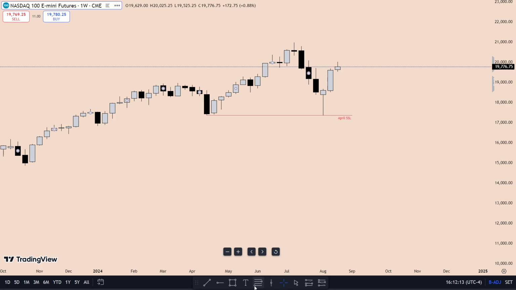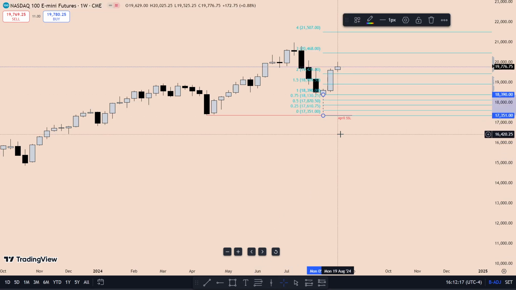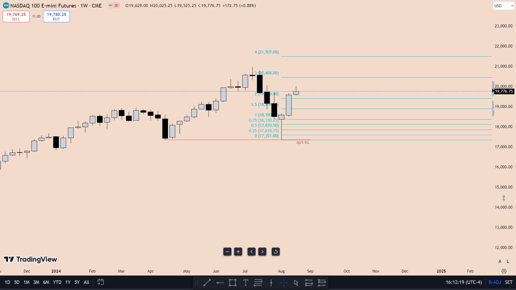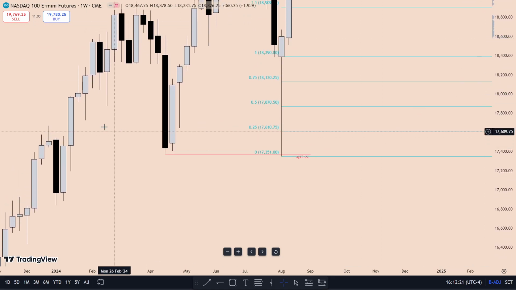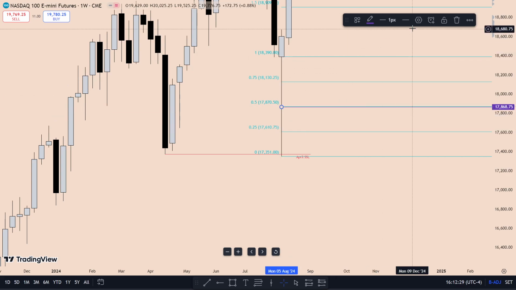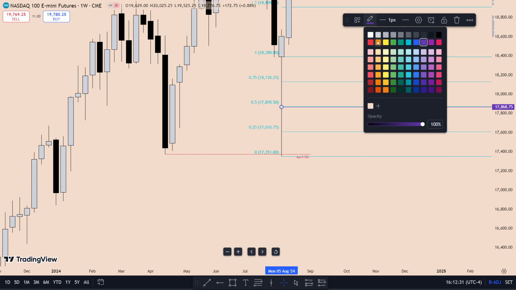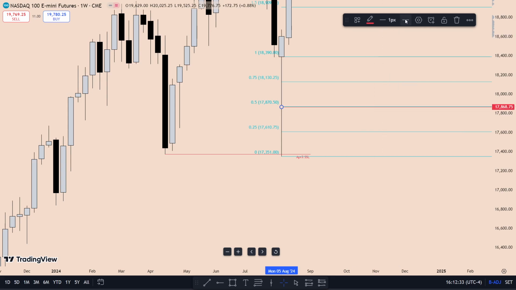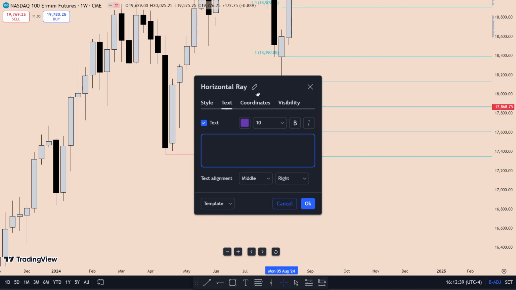Oh, where is it? There you go. Cool. Alright, so I'm just going to annotate that for future reference. 80.5. And then we'll make that red. And that's the weekly. Lock that in.